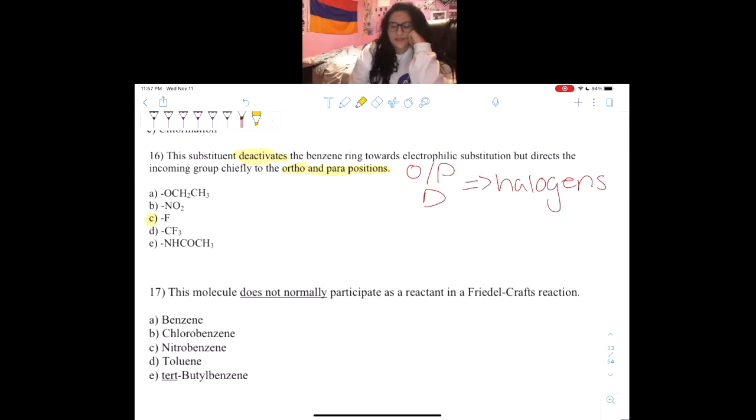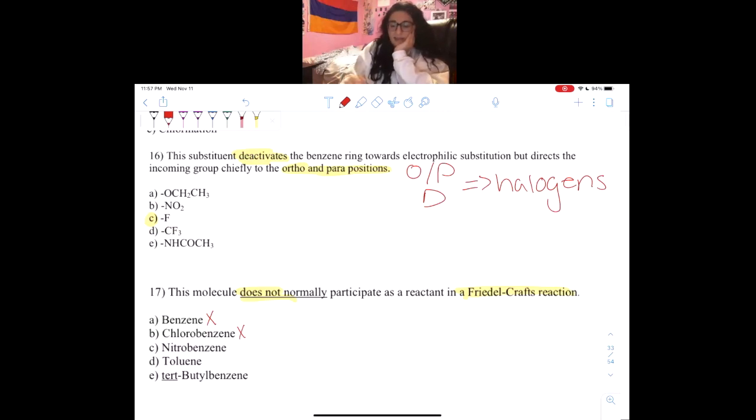Number 17, this molecule does not normally participate in Friedel-Crafts reactions. So we're going to look for either a strong deactivator or NH2. Regular old benzene, that's out. Chlorobenzene, we know that's going to work because it's a weak deactivator.